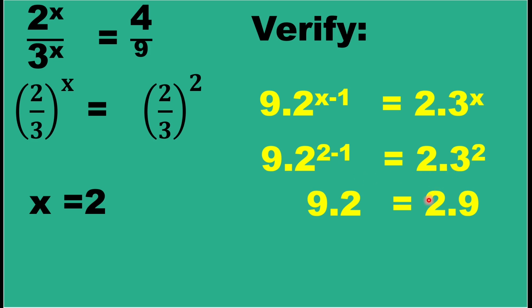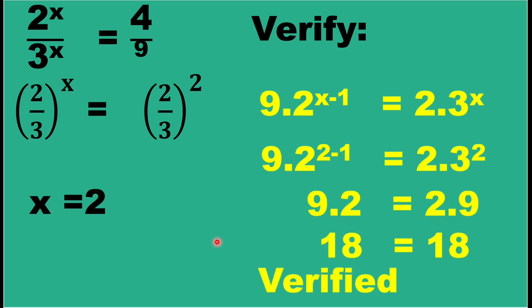And here 2 into 3 squared, or 3 into 3 equal to 9. So 9 times 2 equal to 18, and 2 times 9 equal to 18. So 18 equal to 18. It means that our value is verified, and x equal to 2 is the solution of the given question.